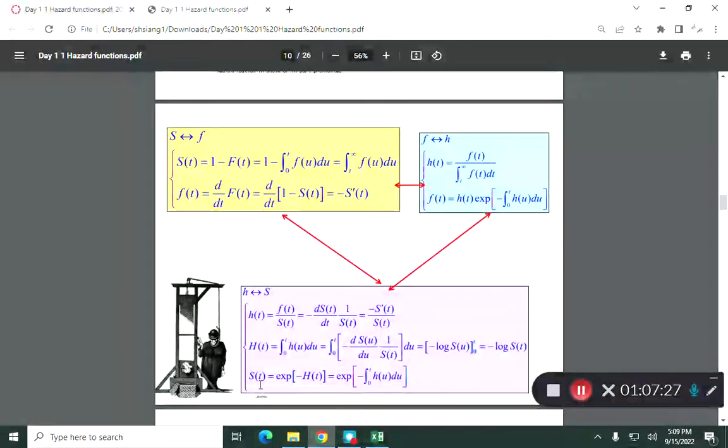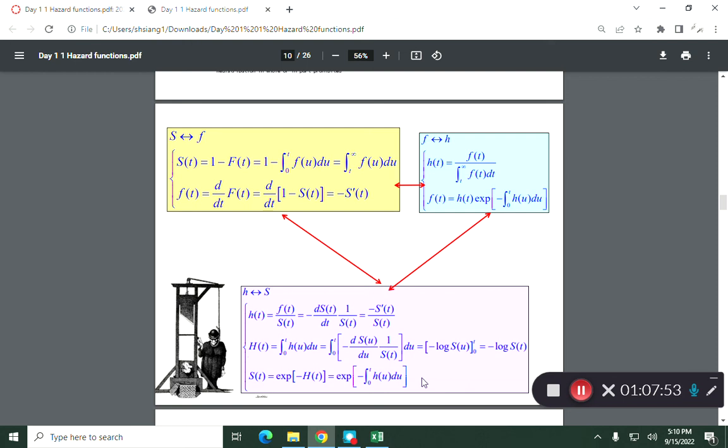Okay? So S(t) and H(t), their relationship is inverse of that. And then the exponential of that hazard, since H(t) by definition is the accumulation of your h(u), so plug the H(t) back in. S(t) equals exponential negative of the accumulation of hazard.